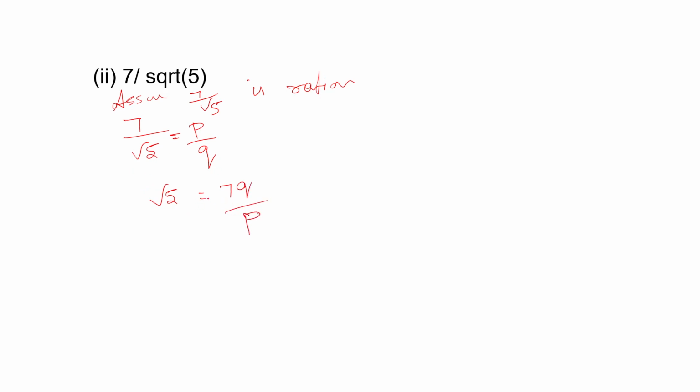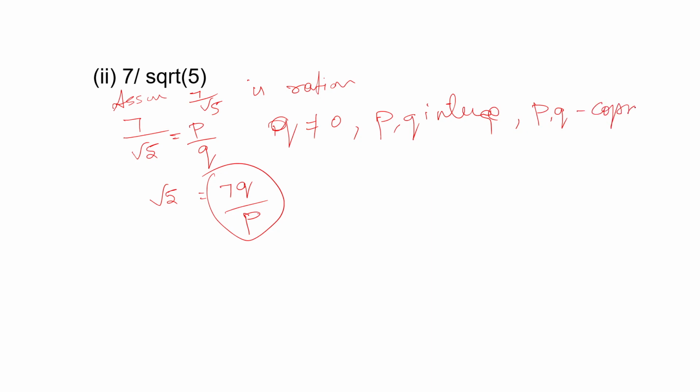Here you have to write all those steps again: q not equal to 0, p and q integers, and p and q co-prime. All this you have to write. So this side it is rational. Root 5 already we have proved in the first sum that it is irrational, so I am using this here.